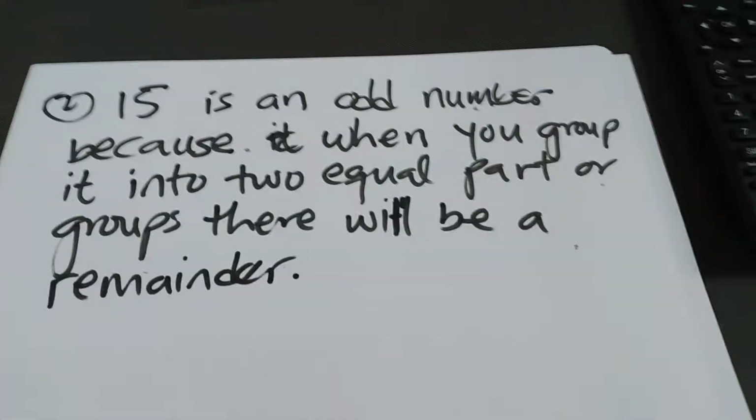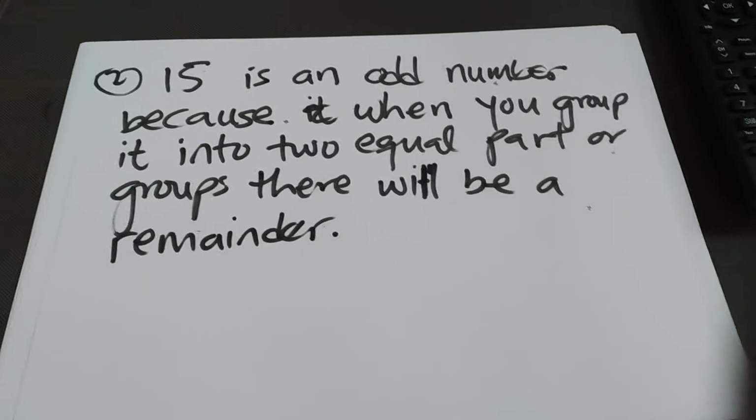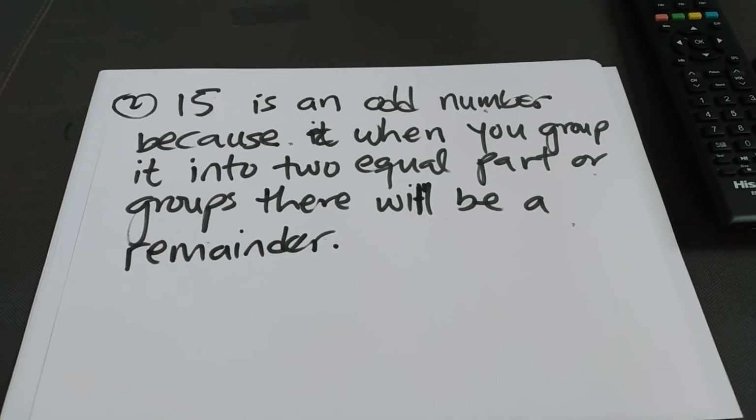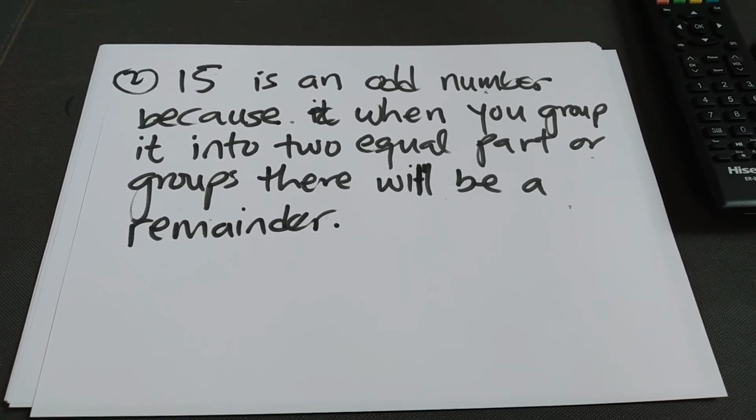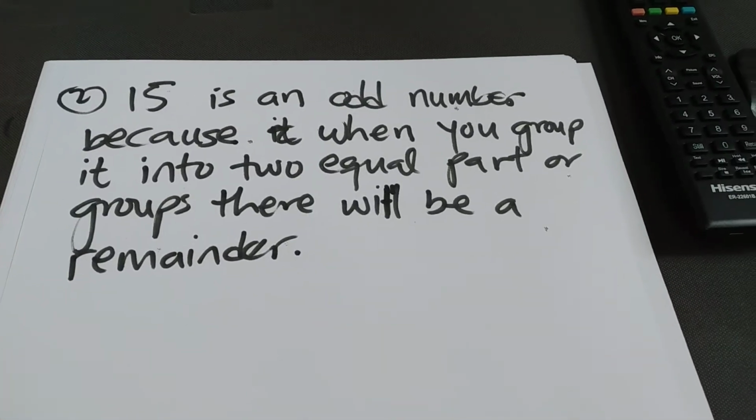In actual sense, it says that 15 is not divisible by 2. You cannot group 15 into 2 equal parts. There will still be a remainder.